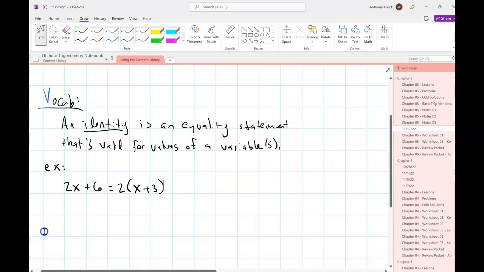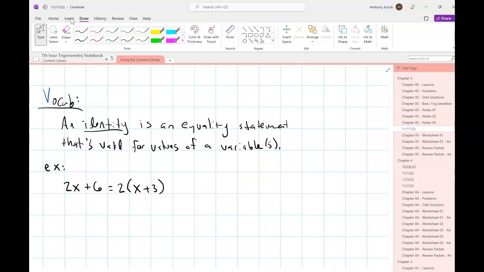The first set of identities are going to be called the reciprocal identities. If you remember way back to chapter 2, we talked about sine, cosine, and tangent, and then we defined cosecant, secant, and cotangent, right? What was the relationship between, say, sine and cosecant? They were reciprocals, right?